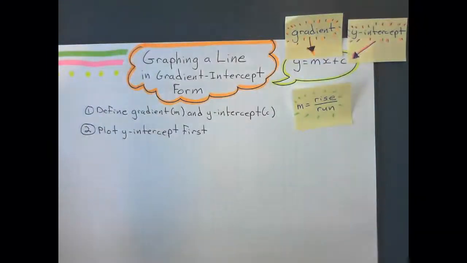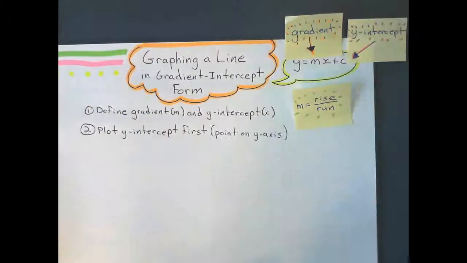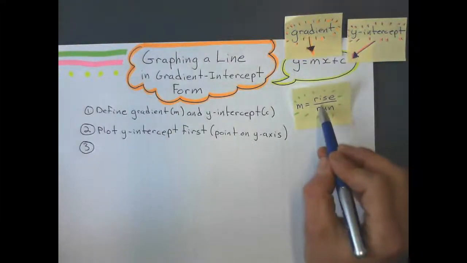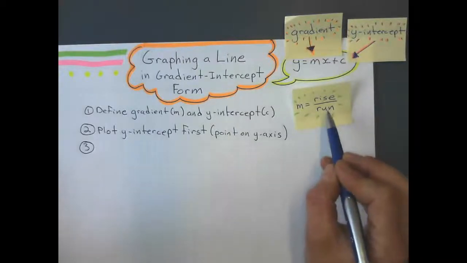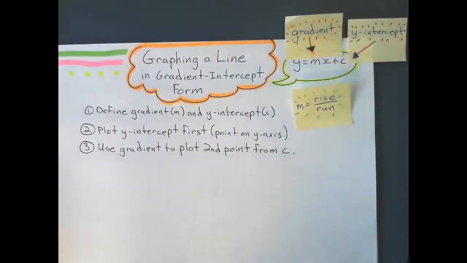So after we define that gradient and y-intercept, we're going to plot the y-intercept first, and the y-intercept is the point on the y-axis. Now, the third step is we're going to use that gradient that we figured out before to plot the second point from the y-intercept. Okay?